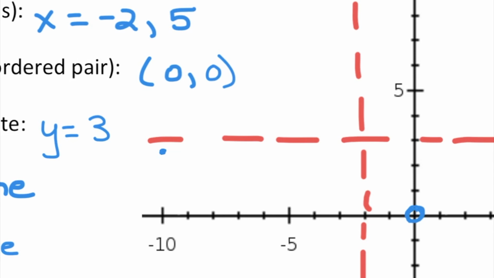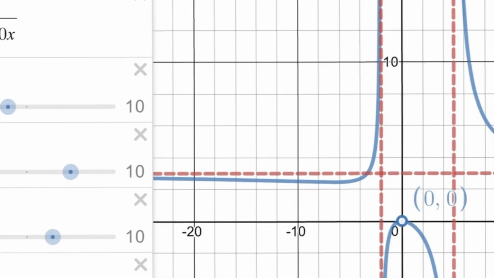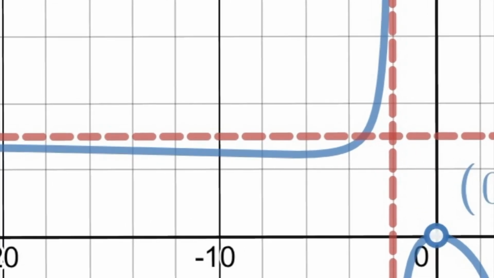Well, that's kind of crazy. So at some point between -10 and -5, the graph kind of dips down a little bit. And I don't know if you can kind of imagine what I'm talking about here, but if this is -5, 2.5, and this is -10, 2.5, the graph is really slightly going down through there.